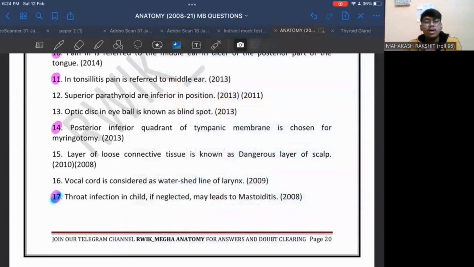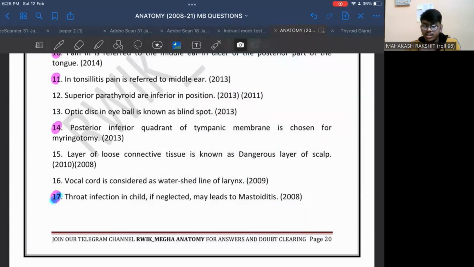So if you see the diagram, you will see that this loose connective tissue layer of the scalp is in communication with the intracranial dural venous sinuses via the emissary veins. Any thrombus formation in this layer may go to the intracranial dural venous sinuses and lead to thrombosis, right? In the intracranial dural venous sinuses, that may be lethal. That is why this loose connective tissue layer of the scalp is also called the dangerous layer of the scalp.